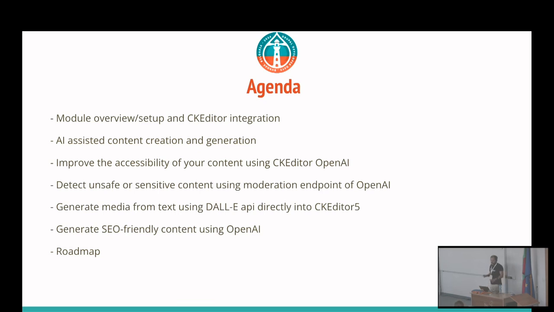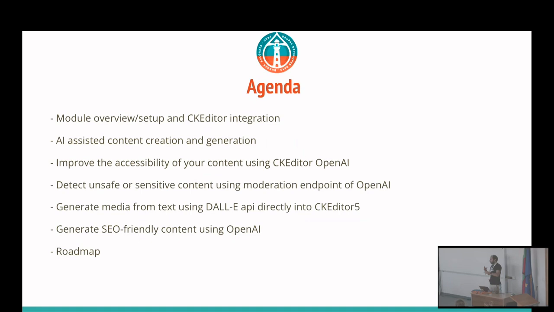So let's introduce the agenda for this session. We'll start with some use cases of the OpenAI CKEditor module that is available on Drupal.org and its initial setup, focusing on the CKEditor integration and accessibility. Then we'll dive into some use cases such as AI-assisted content editing, improving the accessibility of your content using CKEditor OpenAI, and detection of unsafe or sensitive content.